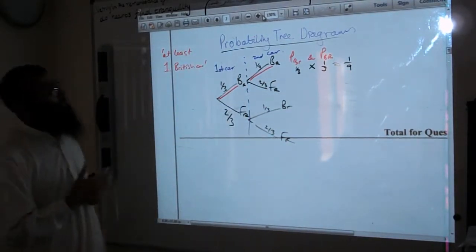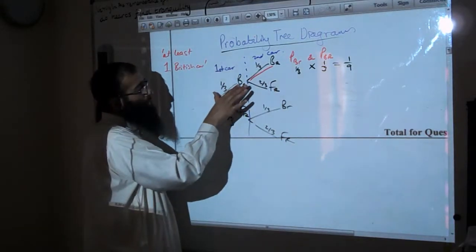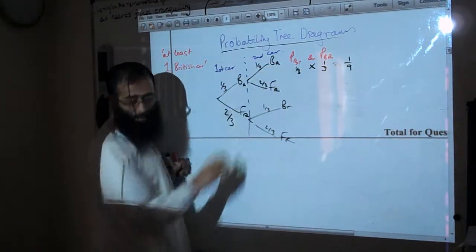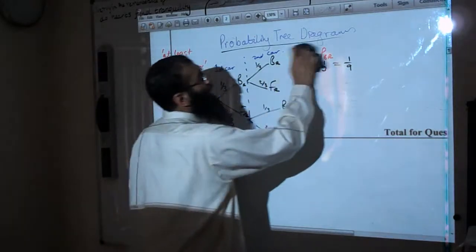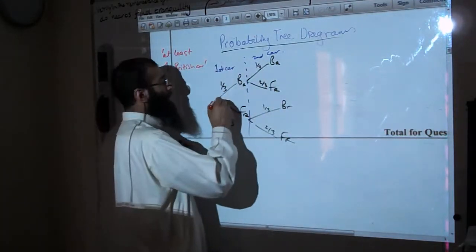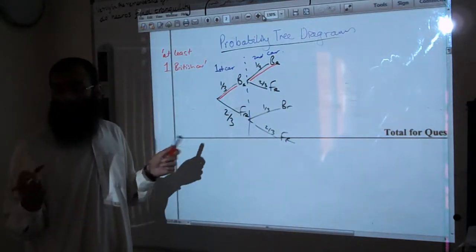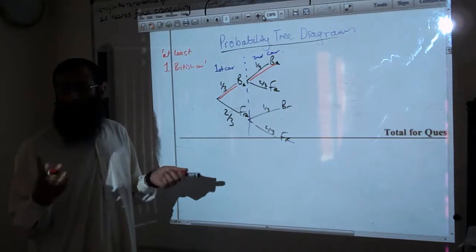So at least one British car means, let's get rid of this for the moment, and this one, and this part here, and let's see all the paths that can give us at least one British car. So if I go along here and here, do I get one British car? Yes, because choosing more than one is at least one.